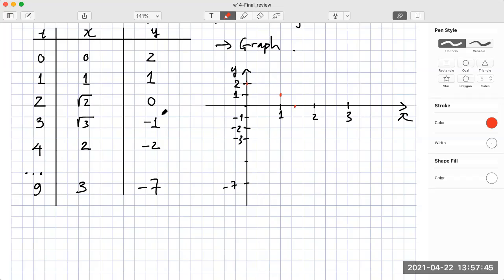X is equal to square root of 3. What is it? Is it 1.6 something? 1.73. It would be somewhere here in the x. And y would be -1. It would be this position. Here at x is equal to 2, y is -2, this point, etc. And then x is equal to 3, y would be -7.